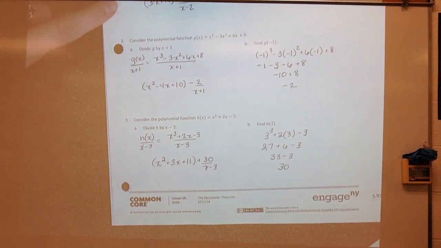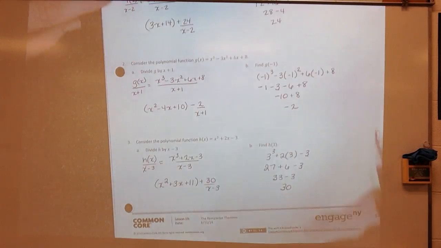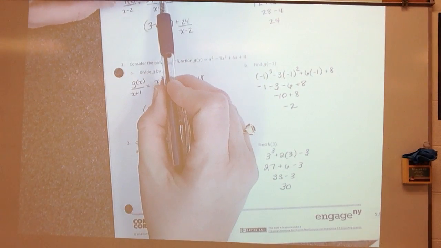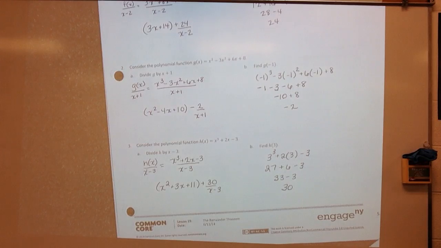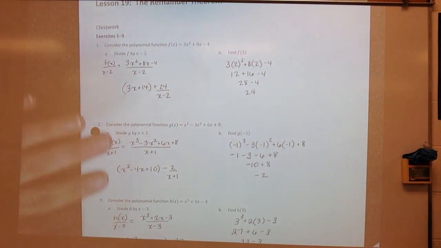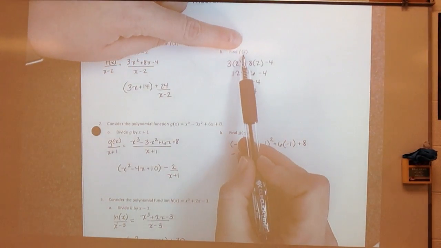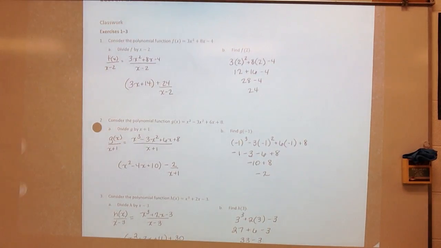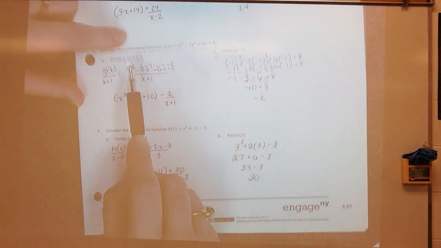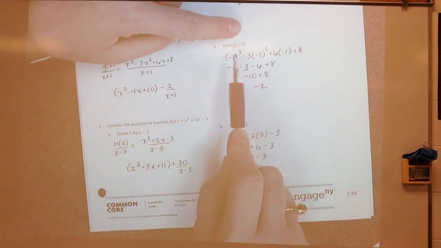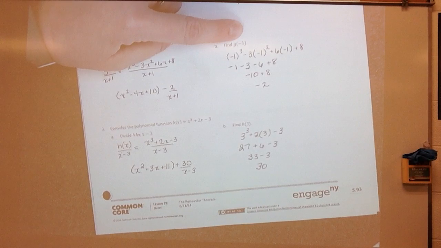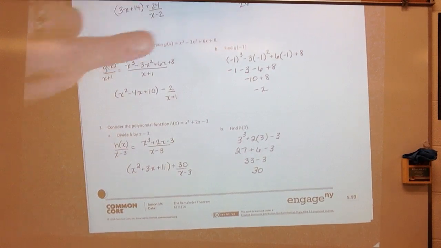So if you'll go back for just a second, I want to talk to you about where they get that a. Guys, I was dividing by x minus 2. That is in the form of x minus a. So that's why I got, what is p of 2? This was x plus 1, so I decided to find g of -1.